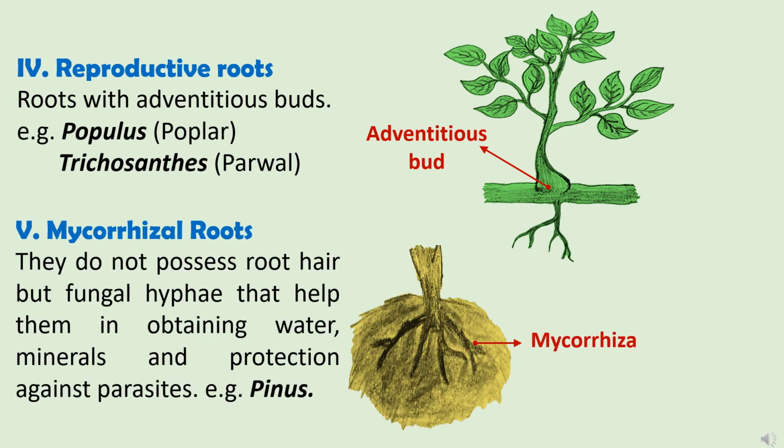Then last one is the mycorrhizal roots. Some plants do not have root caps and root hairs, and in others they are present at initial stage and replaced by mycorrhiza in the later stage. In this case, the fungal hyphae cover the root of the plant, and some of the hyphae enter the root hair and convert them into mycorrhiza.